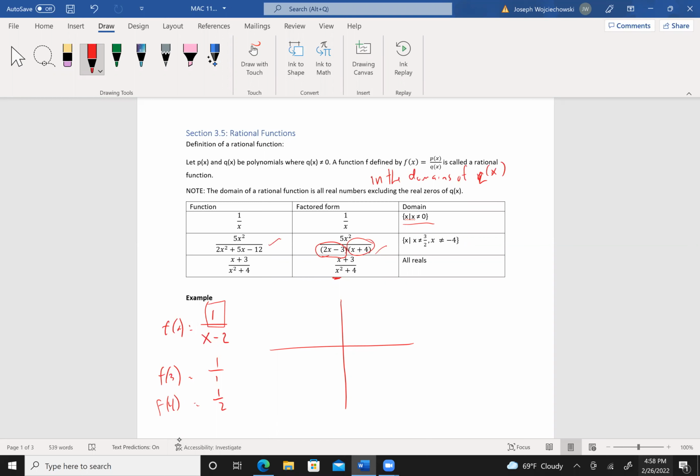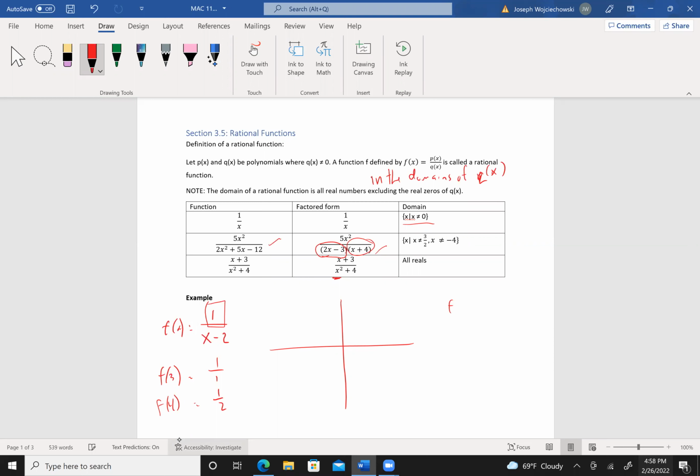Now let's see what happens as x approaches 2 from this side. We had 3, so what about 2.5?